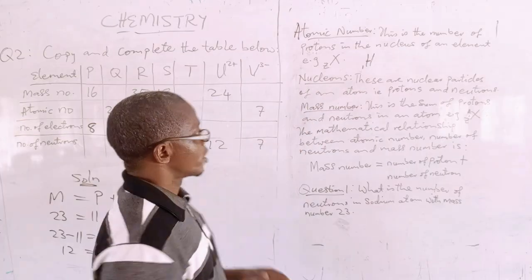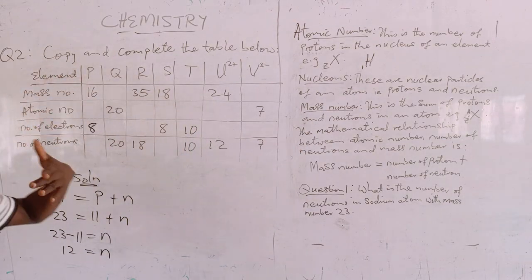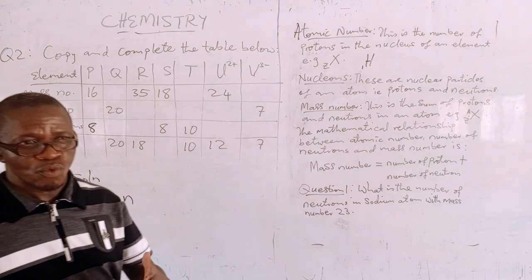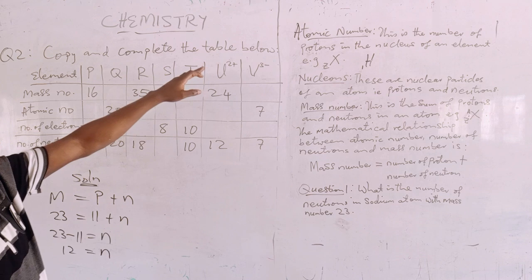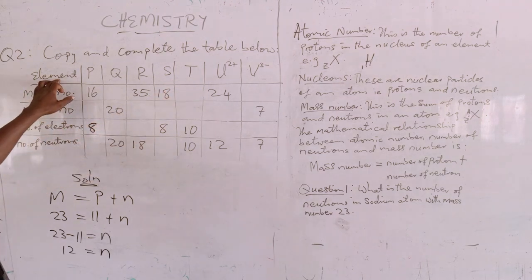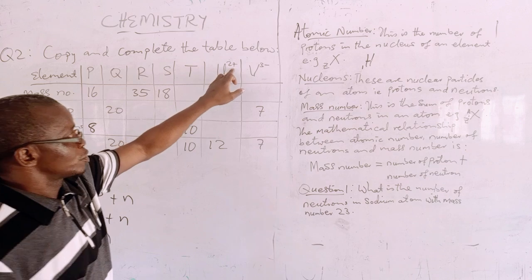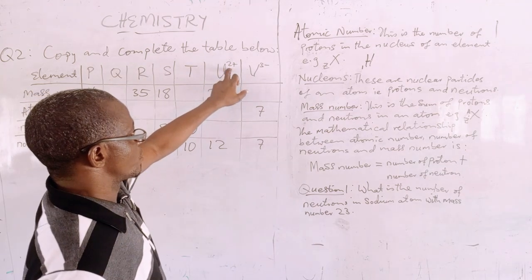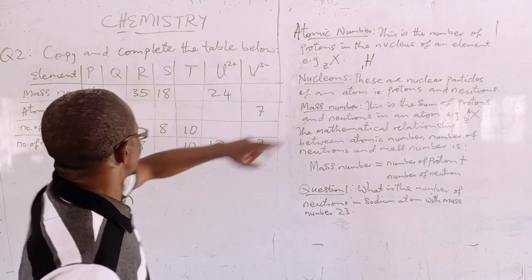Now let's move forward to question 2. This is a WAEC question. Copy and complete the table below. Elements: you have P, Q, R, S, T, U, with charges, that's U to the power 2 plus, V to the power 3 minus.